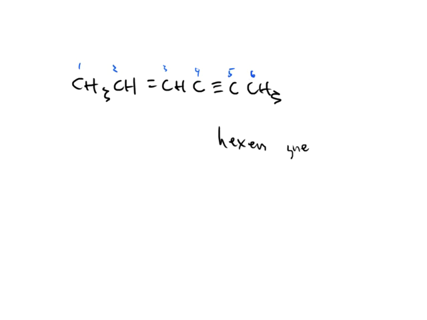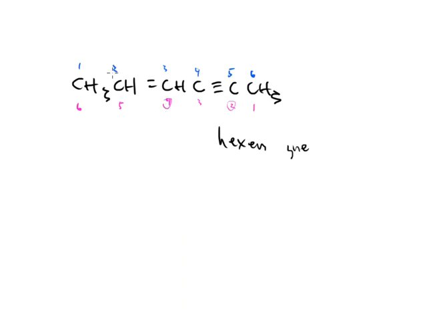And then you might question it, and you'll say, well, what would happen if we go the other way? Because this is going to give me a 2 and a 4. Okay, well, if we number the other way, 1, 2, 3, 4, 5, 6. And this would give me a 2, and this would give me a 4. Well, wait a minute.